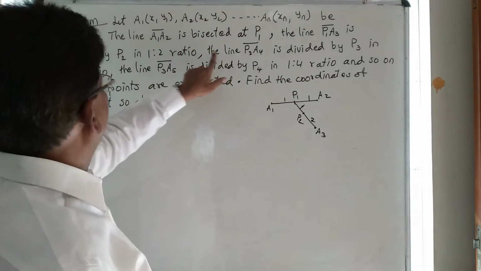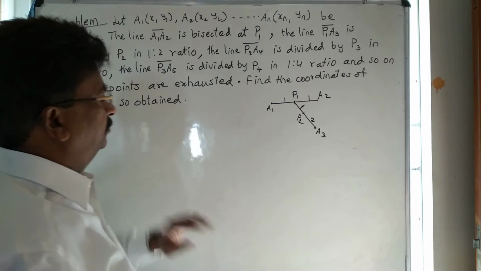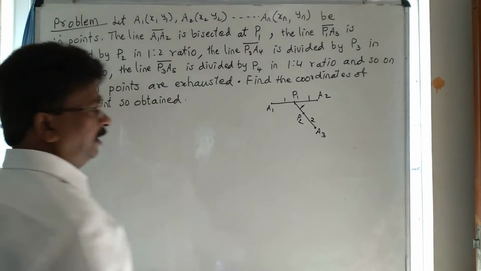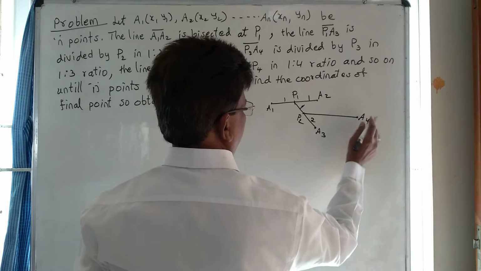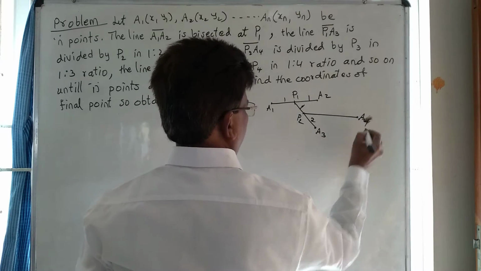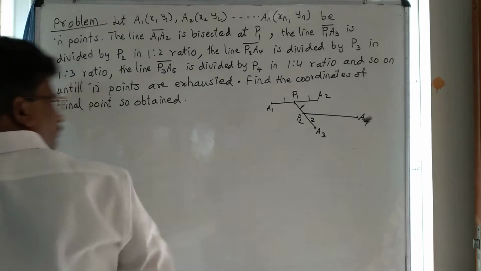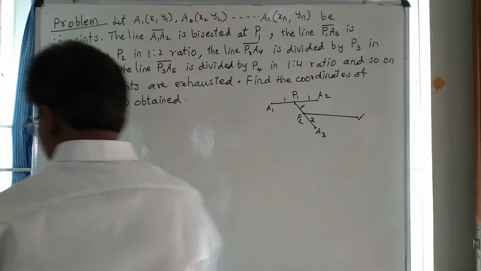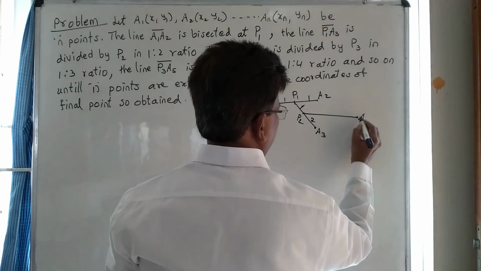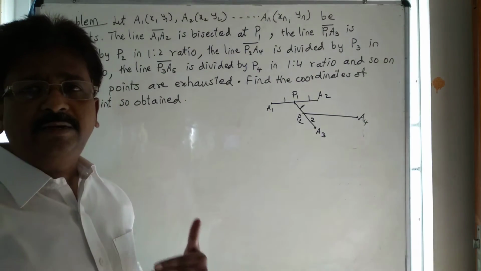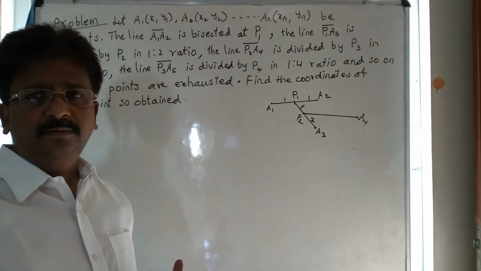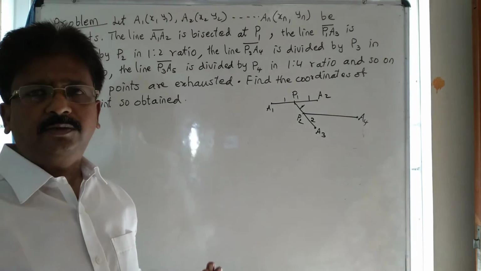Next, the line P2 A4, with A4 somewhere. Let us draw it like this. This line segment is divided by the point P3 in the ratio 1:3.